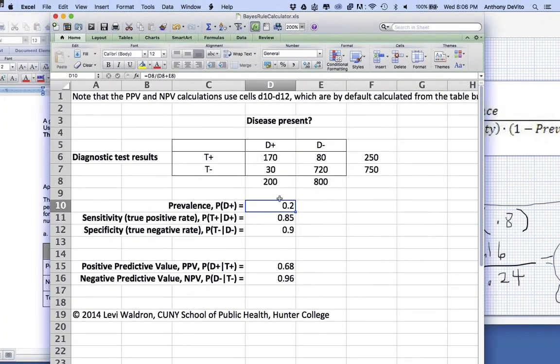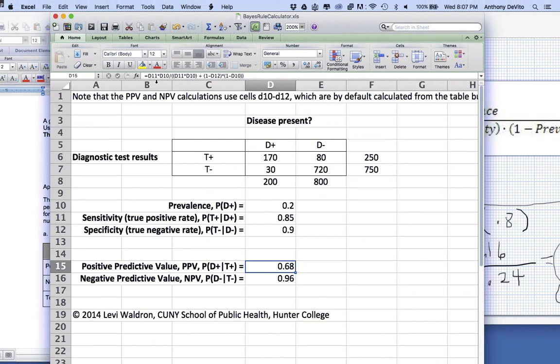Okay, good. Let's go back to this. Here's the prevalence. These numbers are based on this table, so I'm going to ignore that for a second. I'm going to go down to the positive predictive value. Remember the way that we calculated this. On the top is going to be the proportion of the population that tests positive and actually has the disease.